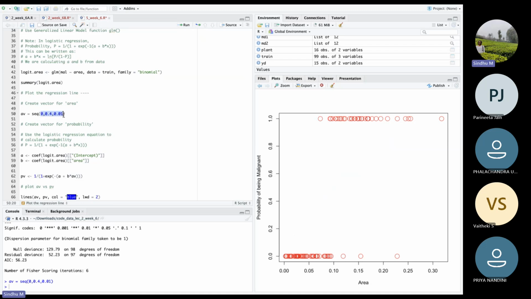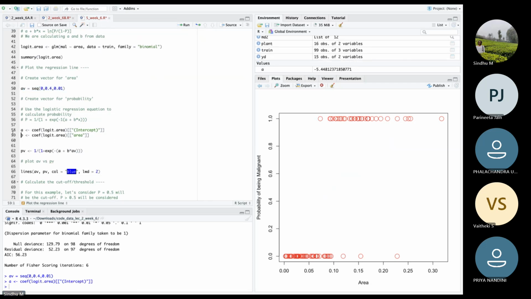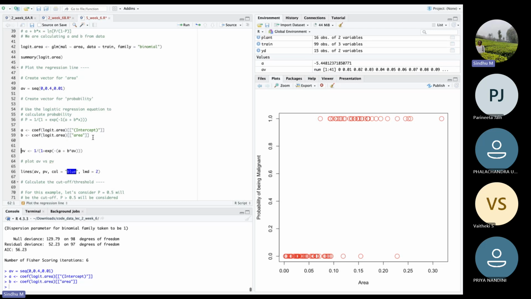Here, as you can see, the input data set from this training data set is from 0 to 0.3. But to plot it, we are making a vector which is going from 0 to 0.4. So this will be the X, and we have to find the fitted value as well. To find the fitted values, we just have to substitute the values that we have got into this equation.